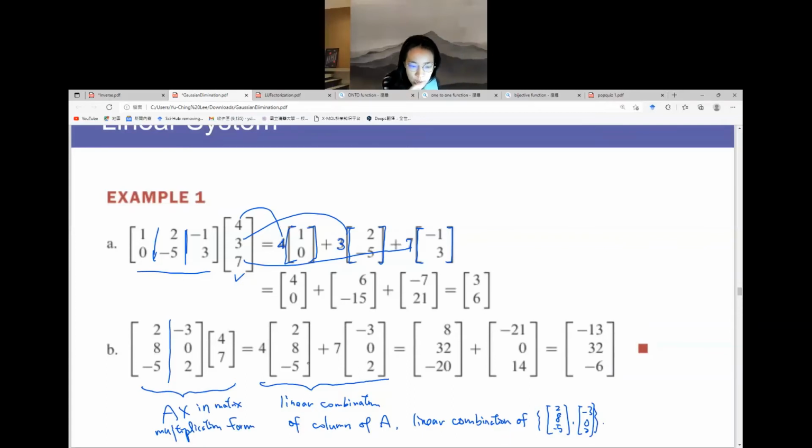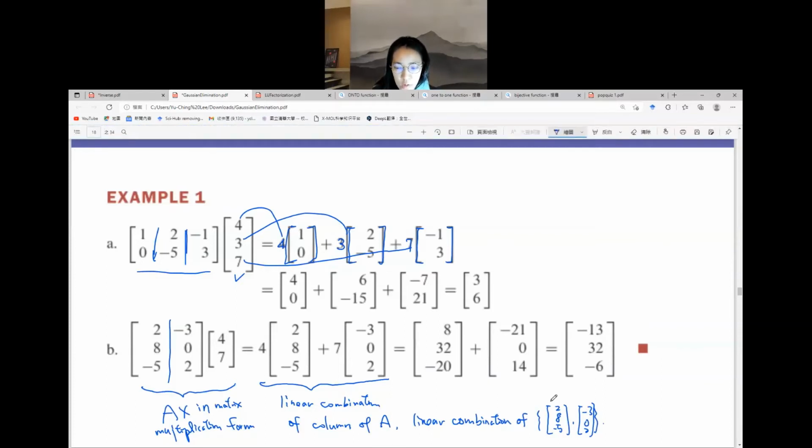And then I can rewrite it into a linear combination of the columns of A. And this expression is quite useful, even though computationally it's not affecting anything. Basically you're doing exactly the same numerical computation, so you don't see why it's convenient to write such combinations.